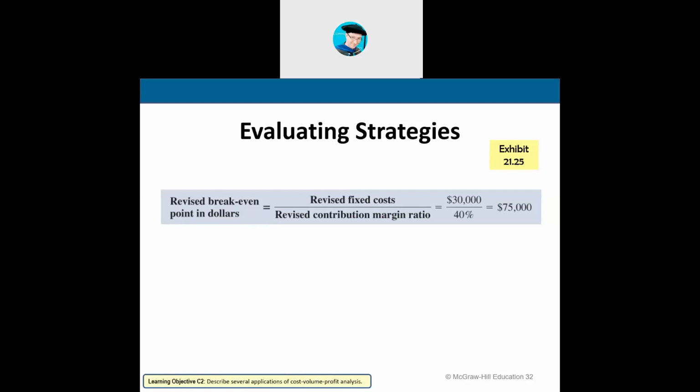So you would take your new break even cost, in this case fixed cost, $30,000 is my new fixed cost, divided by my new contribution margin ratio, 40%, gives me my new dollar amount in break even. So the point here is that if your fixed costs and or your variable costs change, you need to then revise your break even in dollars and in units.